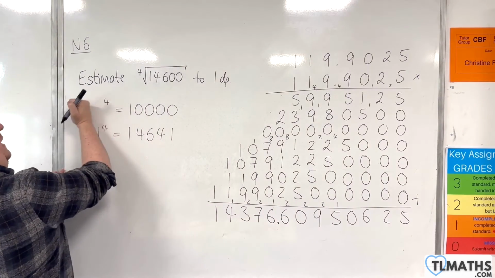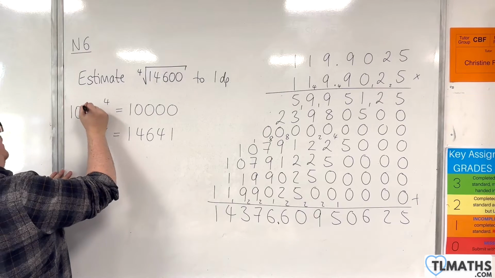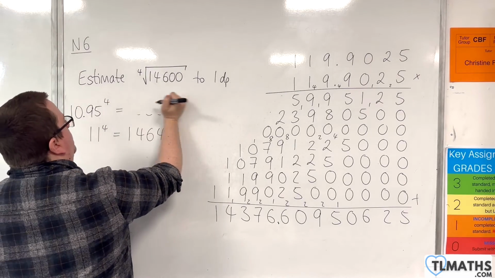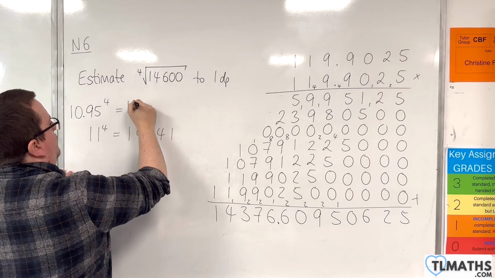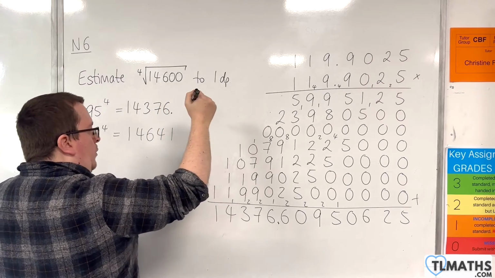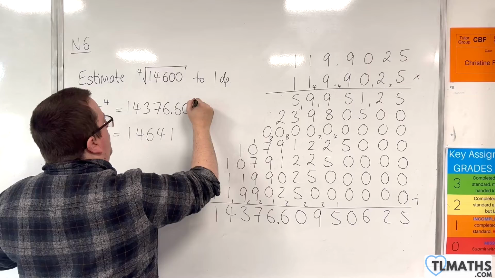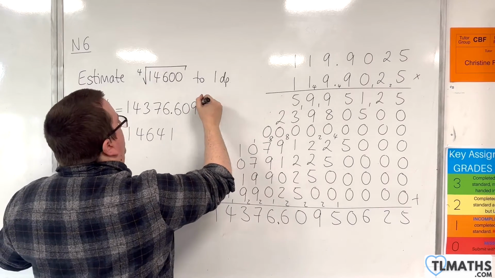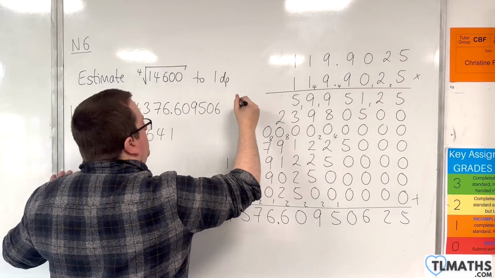So 10.95 to the power of 4 is 14,376.609,506.25.